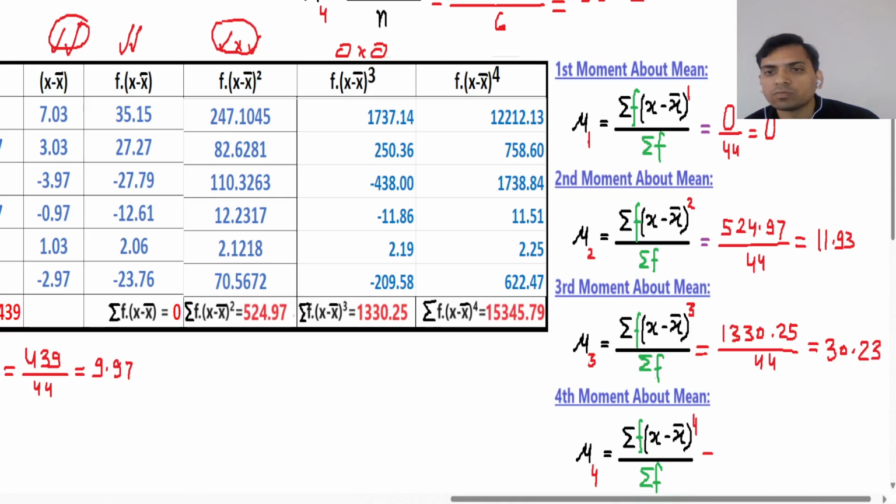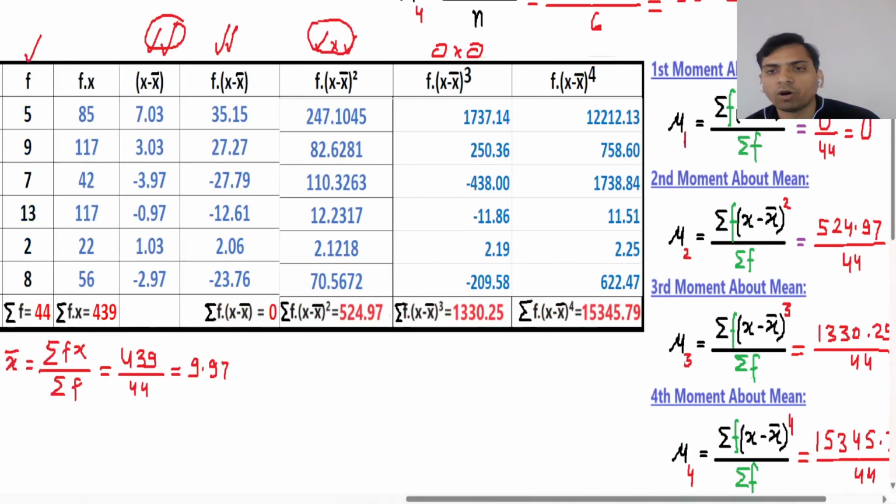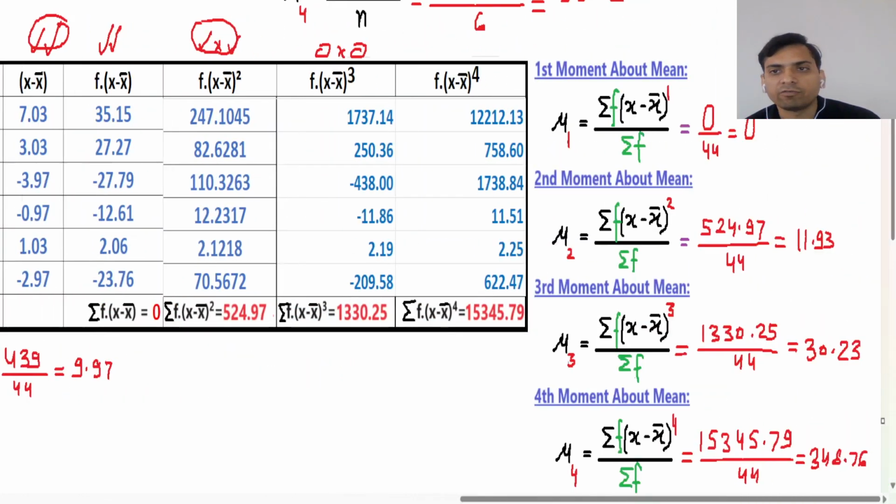And last moment, fourth moment for this discrete type of data, this is 15345.39, and this divided by number of observation 44, then this is equals to 348.76. So this is the moment for discrete type of data, 4 moments.